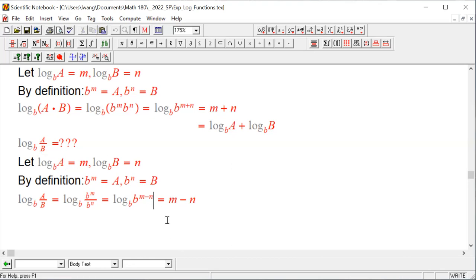So this piece is going to go here, minus log base B, capital B.